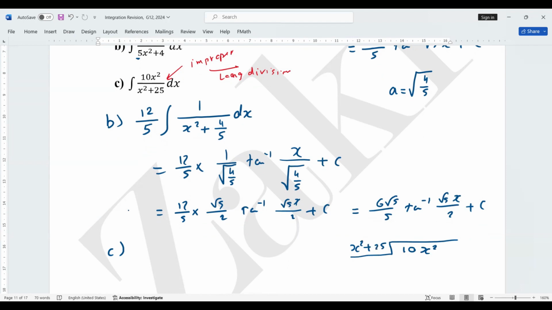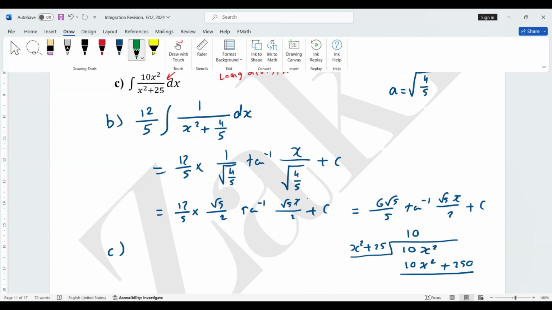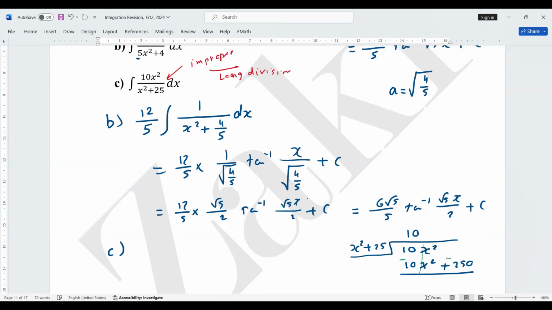Divide 10x squared by x squared, it's 10. Multiply 10 by x squared, 10x squared. 10 times 25, 250. Subtract. This minus and this minus, we cancel this. So the remainder is negative 250.